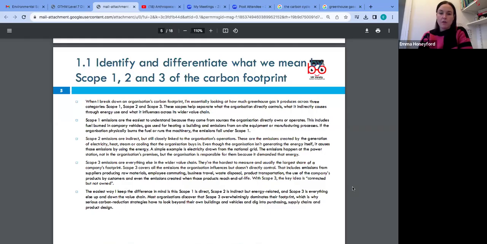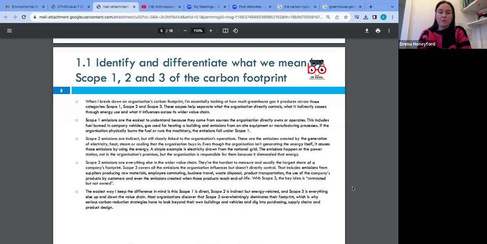If you are an organisation that produces products and has to transport them, that has a carbon footprint. Then there's the use of the company's products by customers, and even the emissions created when those products reach end of life.